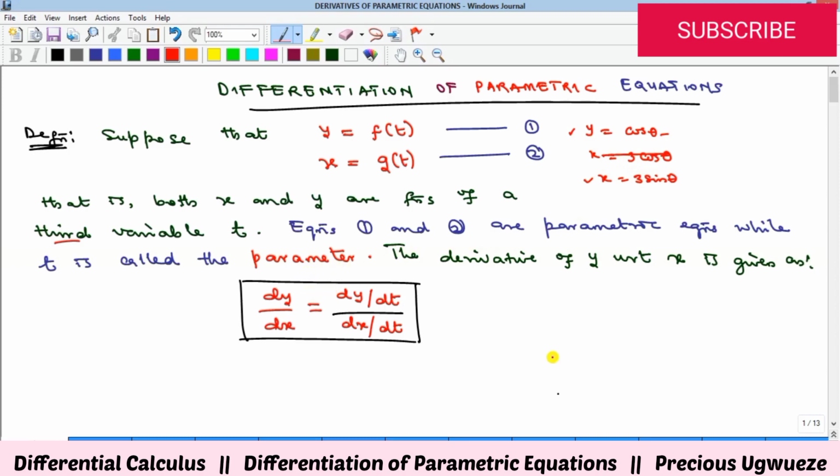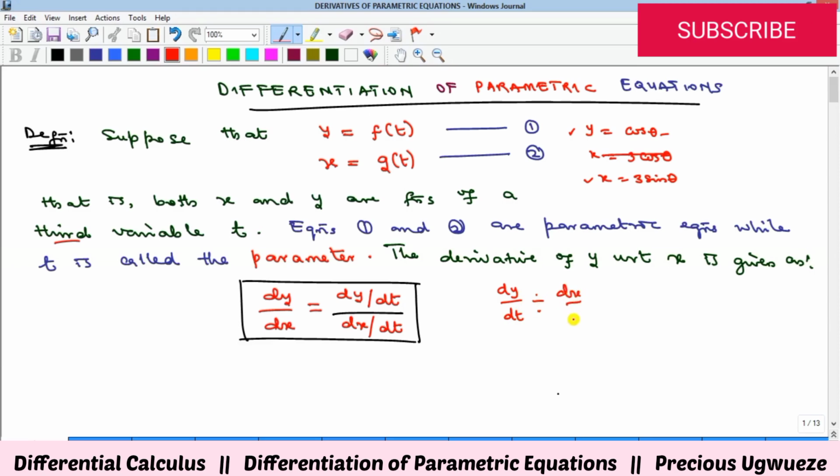Okay, so if we want to find a derivative of y with respect to x, having a third variable as their parameter, then we say that dy/dx is equal to dy/dt all over dx/dt. And how did you get this? You know that if you have dy with respect to t, that means differentiating y with respect to t, and then you divide it by dx/dt.